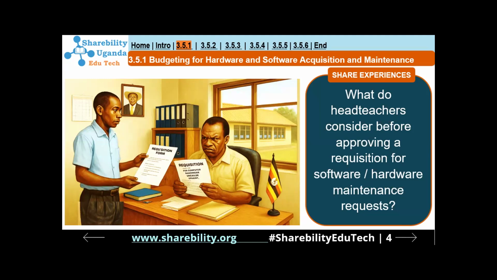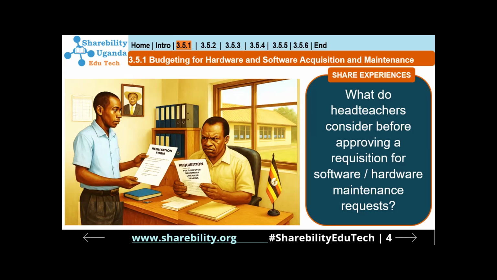So to be safe, ICT teachers need to work together with the school administration, such that when the budgeting process is taking place, they get at least some amount of money budgeted towards some of the items that the department might require to acquire.